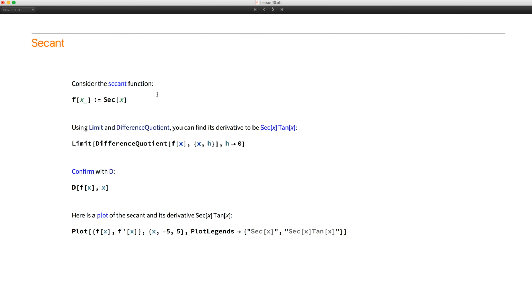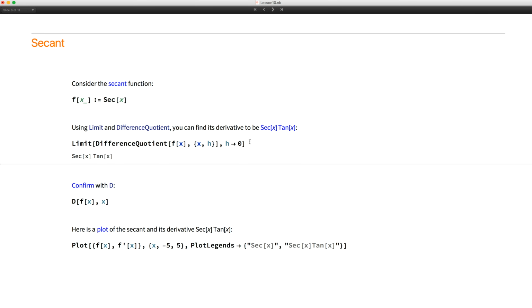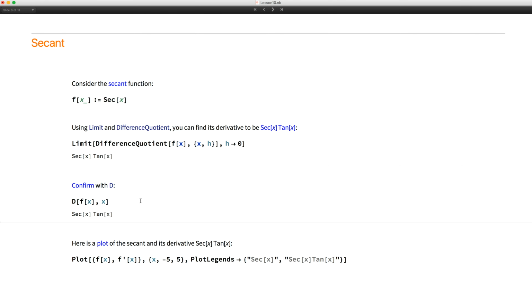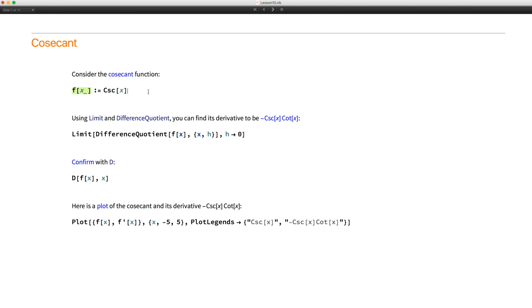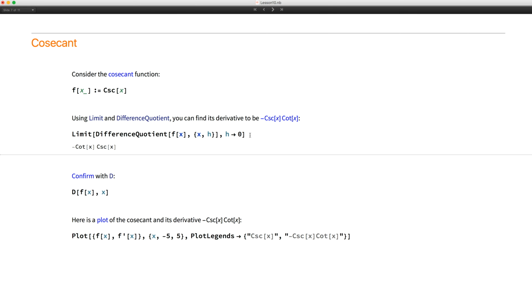Now we go on to the reciprocals. The secant function has derivative secant x times tangent x, and here's a confirmation with D. Let's plot them both, and there you are. Next, we go on to the cosecant function. That's the reciprocal of sine, and its derivative is negative cotangent times cosecant.